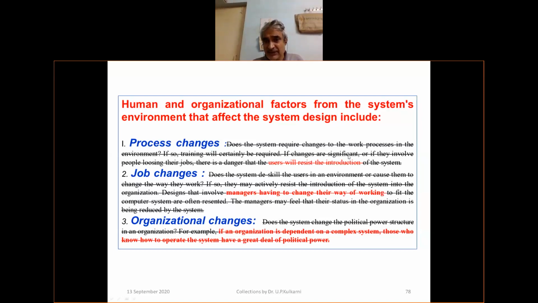If the changes are significant or if they involve people losing their job, there is a danger that the user will resist the introduction of such a system. Whenever you do computer automation, particularly in government organizations, people have a fear that we are going to lose the job. Sometimes it is true, sometimes it may not be. If you don't adapt to the new things, probably you are going to lose a job.